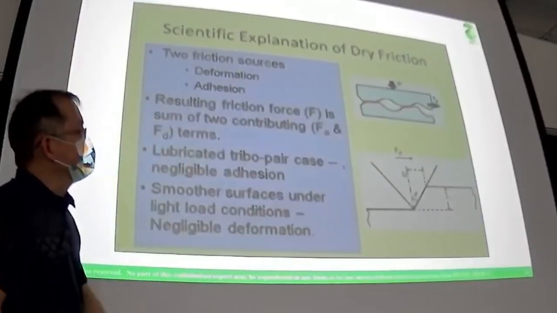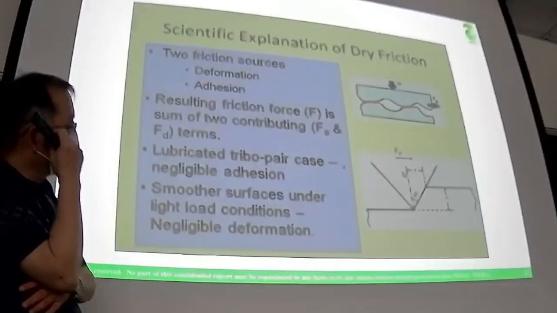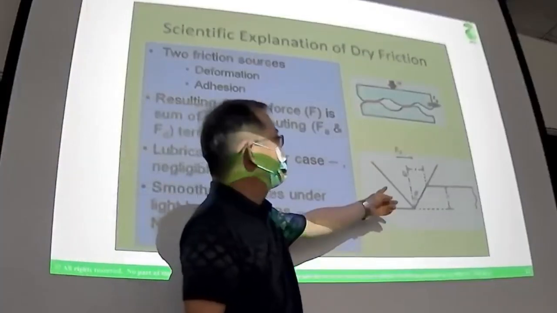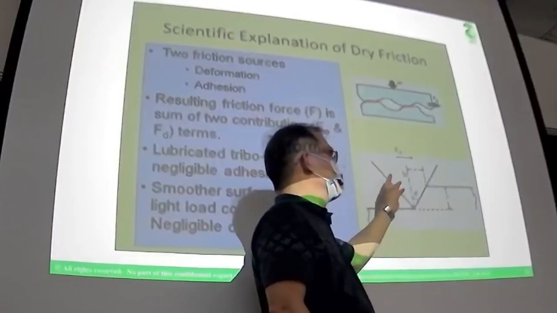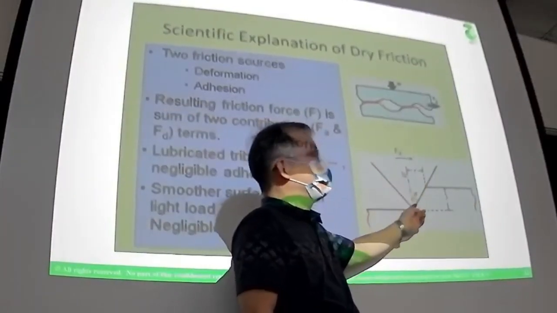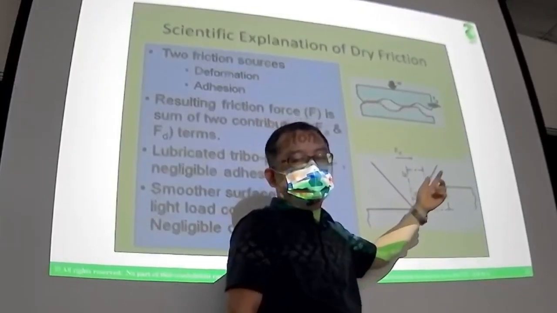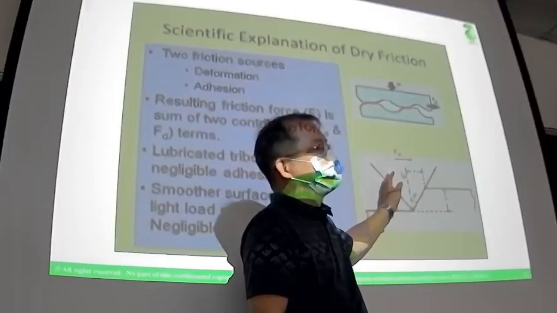So this is the term of deformation. So this is the FD. We have two different assumptions for the asperities. One is the conical asperity. Another one is the spherical asperity.